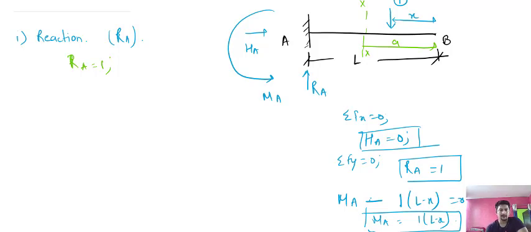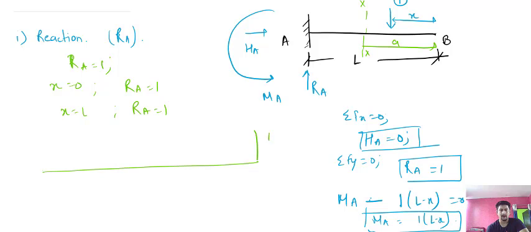So as Ra is 1, when x equal to 0, then also Ra will be 1, and when x equal to L, then also the Ra value will be 1. So simply you need to make an influence line diagram, as this is the span. When x is equal to 0, this is 1, and when x equal to L, this is 1. So this is the influence line diagram for the reactions in case of a cantilever.